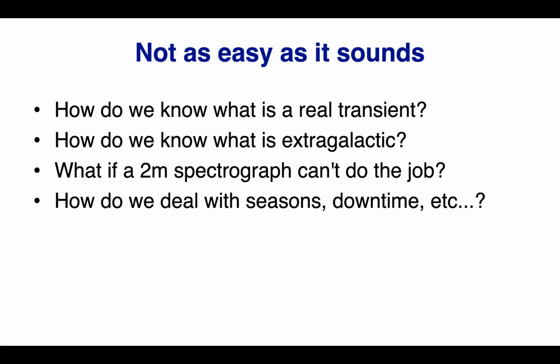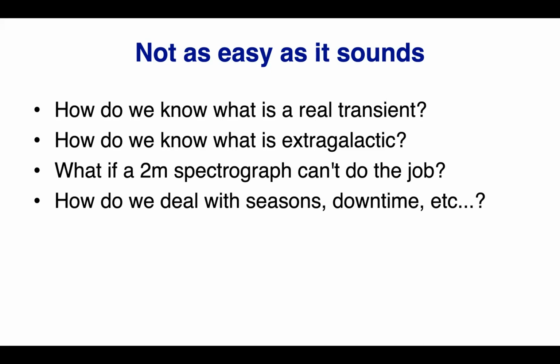Some other complications that we run into are the challenge that although the SED machine on the Palomar 60-inch is a wonderful instrument, it's quite sensitive, it's tuned to the properties of ZTF quite well, but it's not perfect. It can't classify everything. Some things, the features are too narrow to resolve them and recognize whether they're from, for example, the host galaxy, from an AGN, or from the transient.